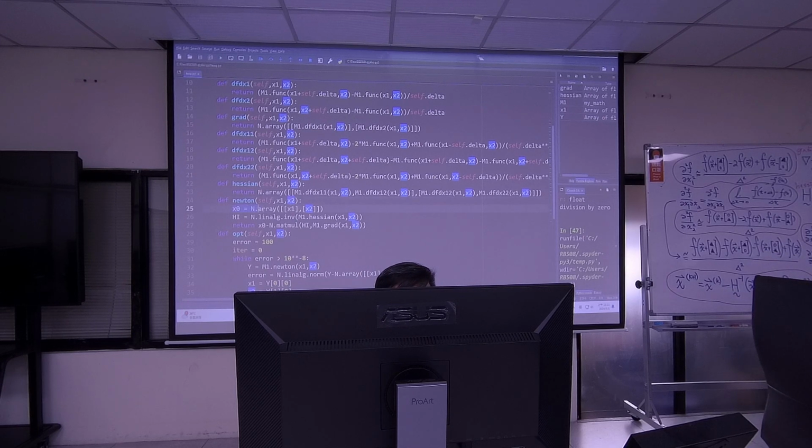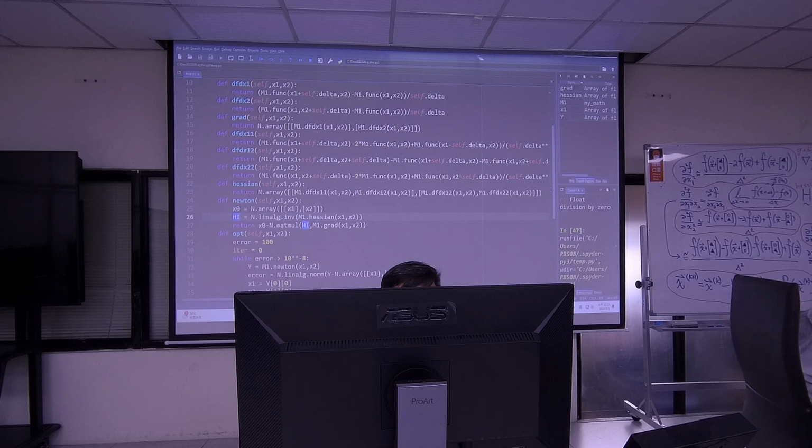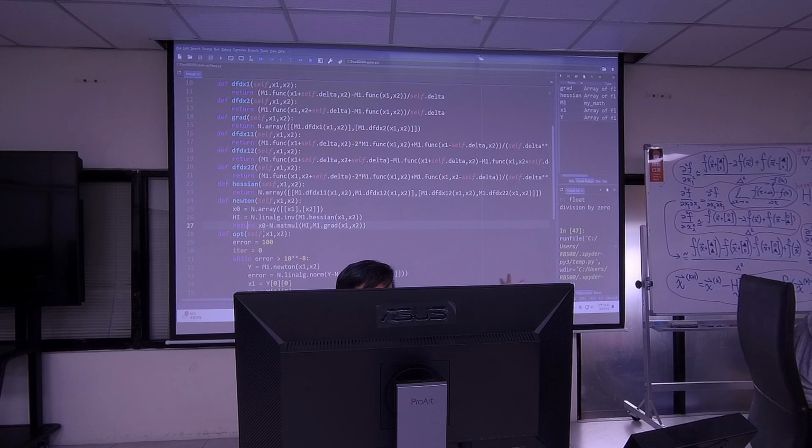That's why I have this x0 equal to a NumPy array of x1 and x2. And then I need to compute the inverse. So use NumPy linear algebra inverse, and then the Hessian, x1 and x2. In return, the equation I have there for Newton's method is a dot product between the inverse Hessian and the gradient.